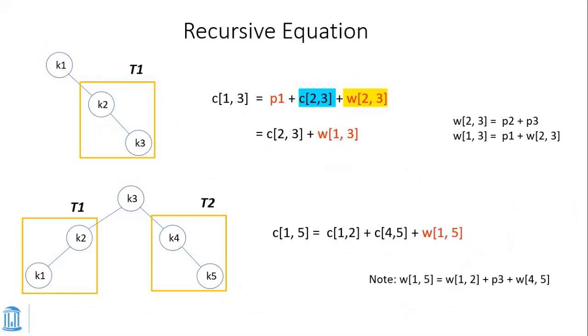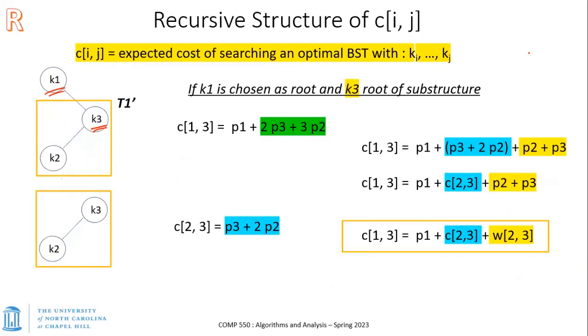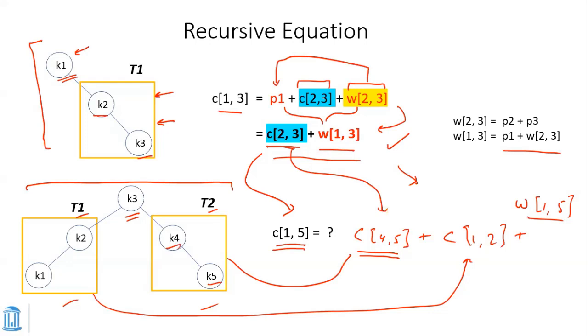So if we agree with this general equation, it is the case where you're given a particular tree. So C is where you're given a particular tree, as I said earlier, and you're selecting a particular key to be the root. In this case, I'm selecting K3 to be the root, with K1, K2 as the substructure on the left side and K4, K5 as the substructure on the right side.